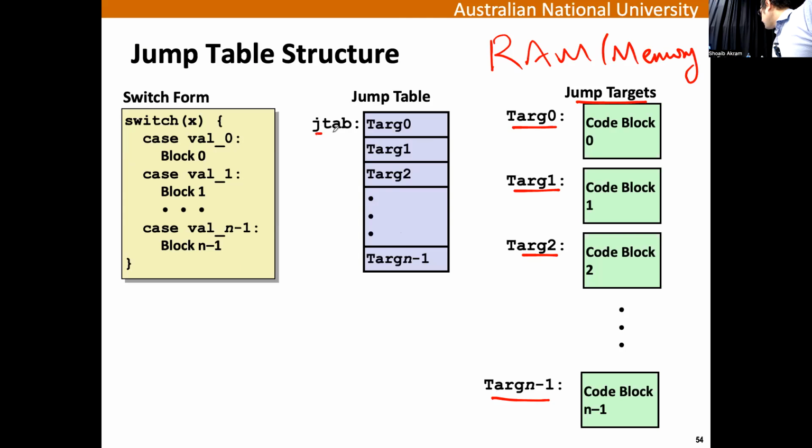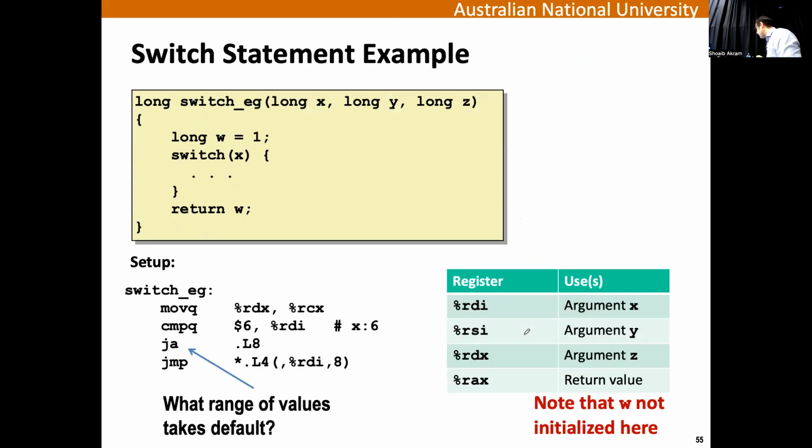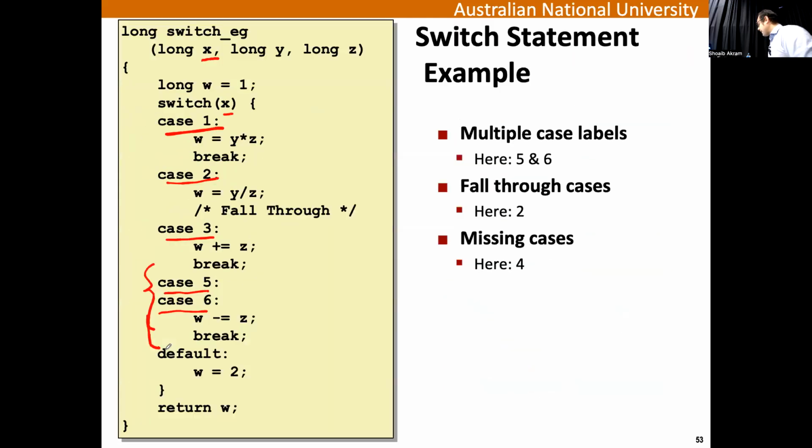The jump table stores the starting addresses of all the code blocks. First of all, there's a default case. When none of the cases match, you go to the default case.